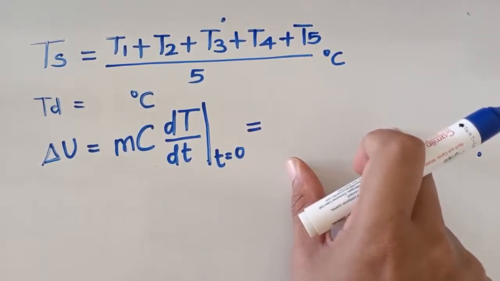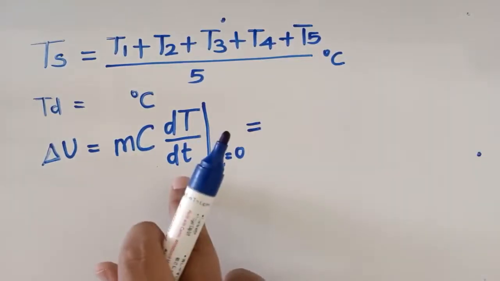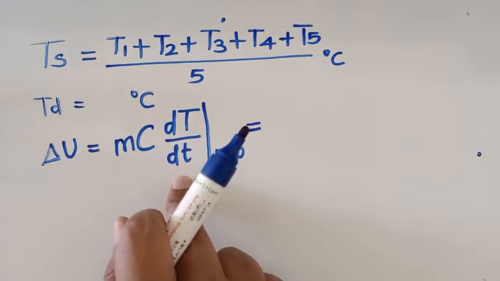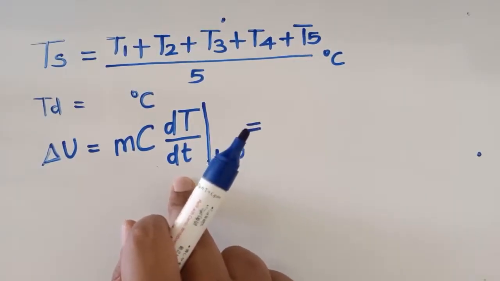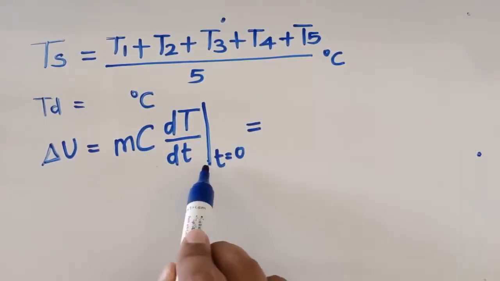There is no physical contact, so there is no conduction. There is no air movement possible, so there is no convection, but still the temperature of the disk is changing. It means if there is no conduction, there is no convection, there is only one possibility, that radiation is happening, and that's why the temperature of the disk is changing with respect to time.